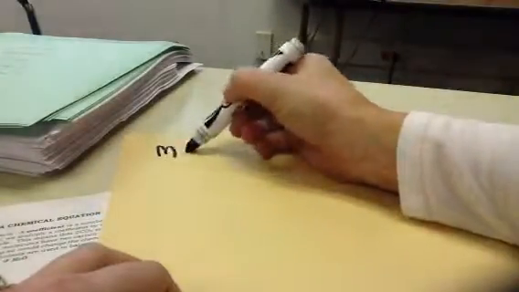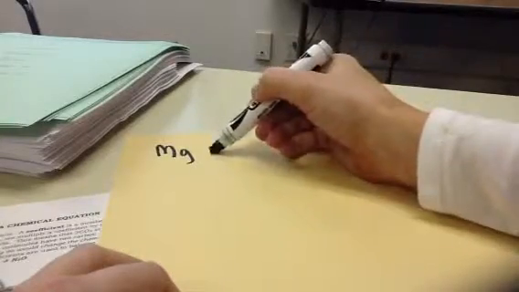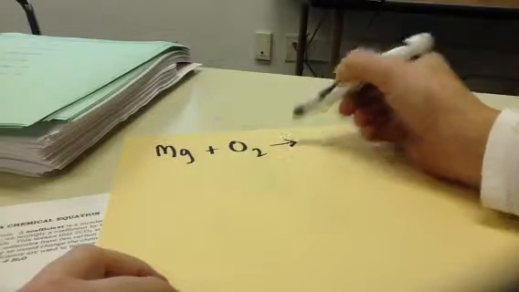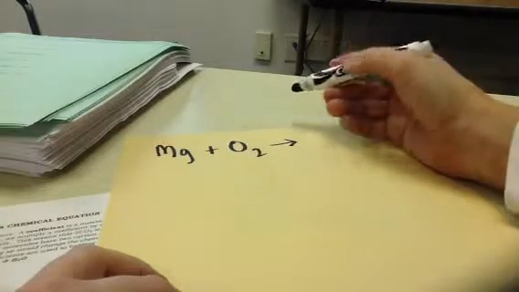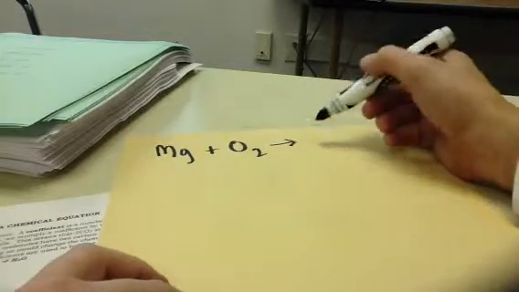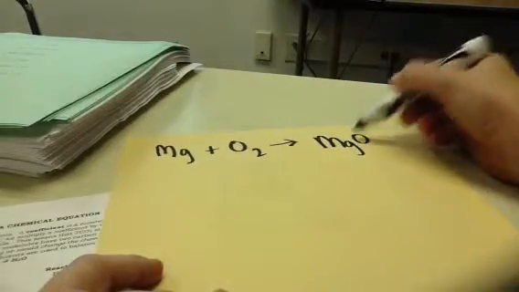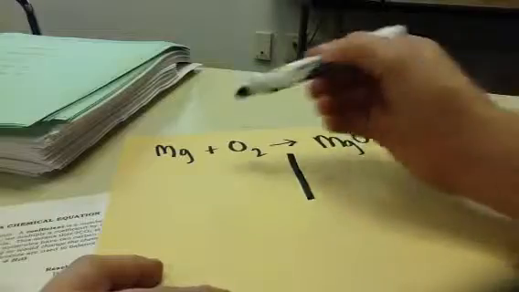Let's try number 2. So we have magnesium plus oxygen yields, to react and make, magnesium oxide. Let's try this again.